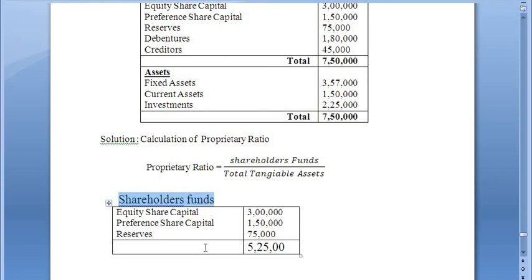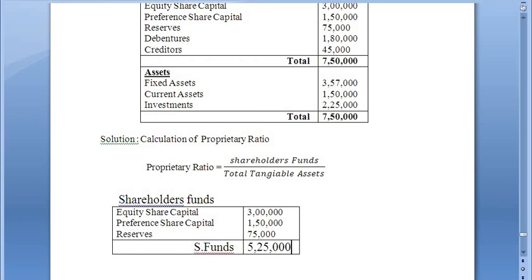Here you can write shareholders fund in short. Shareholders funds, how much? 5,25,000.